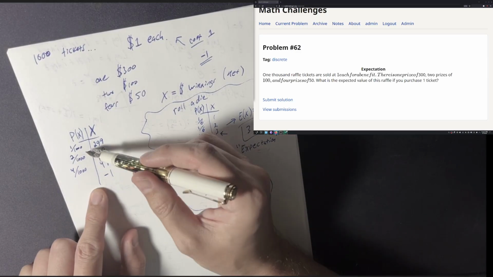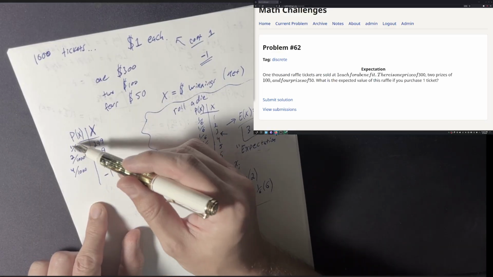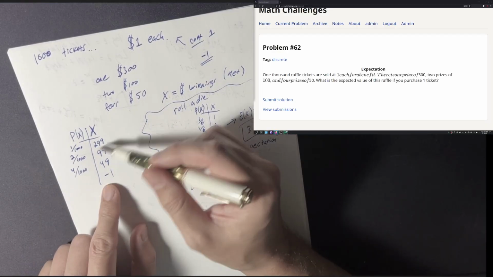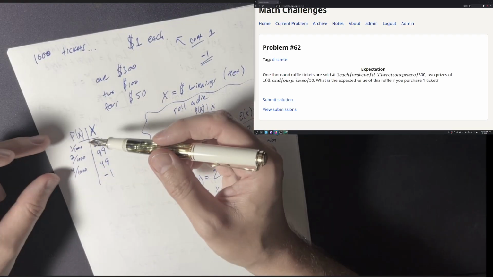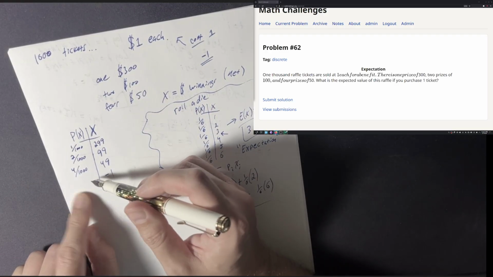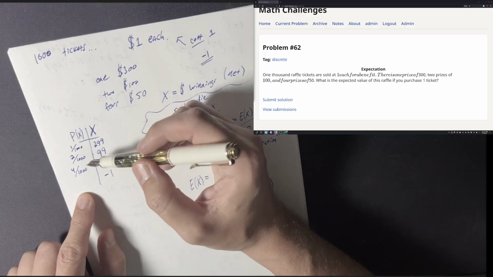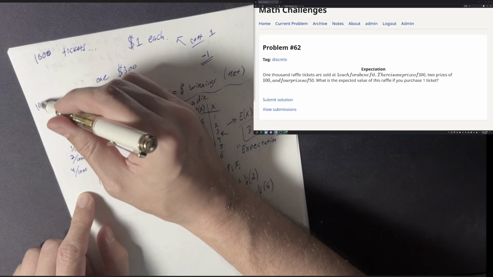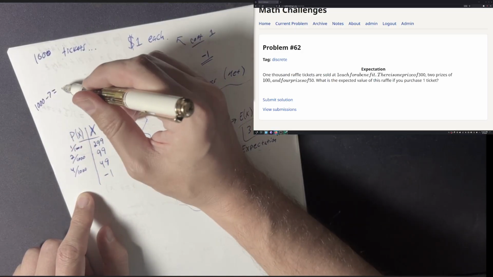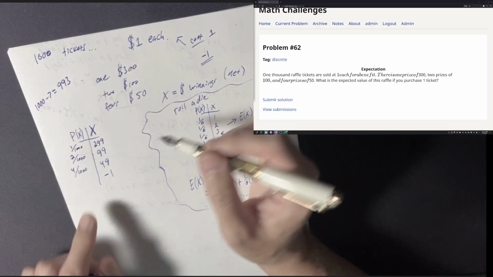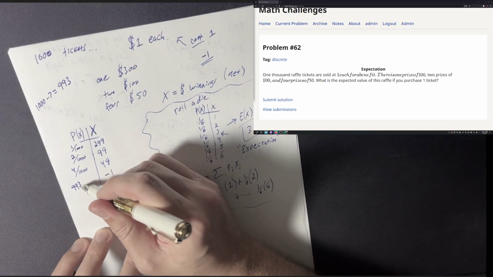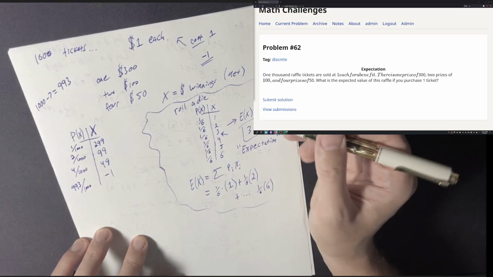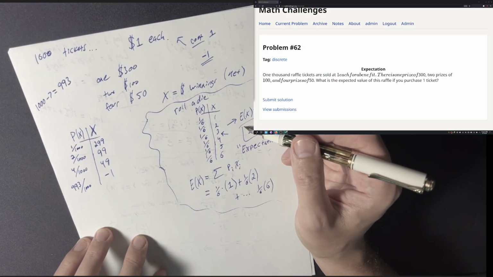And then the complement, sort of the opposite of having positive winnings, is what's going here. It's a huge number, close to 1, right? There's 1, 2, 4, 7 ways that you win, which means there's 1,000 minus 7 ways that you lose. Is that 993? So there's 993 out of 1,000 chances that you lose.